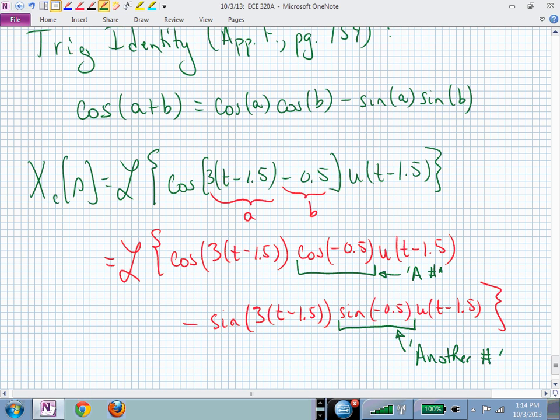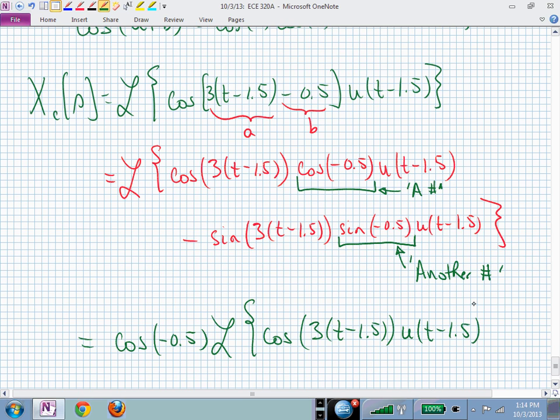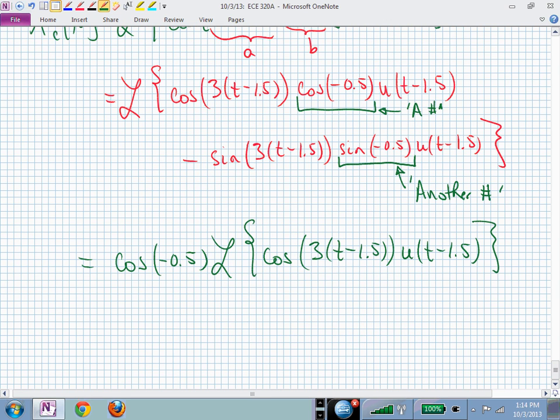The Laplace transform is a linear operation, which now allows us to say, oh, now I can write this as cosine of minus 0.5 times the Laplace transform of the cosine of 3 t minus 1.5 times u of t minus 1.5, minus, well, let's take out the minus inside the argument of sine, since sine is odd, so we'll say plus sine of 0.5 Laplace transform of sine.